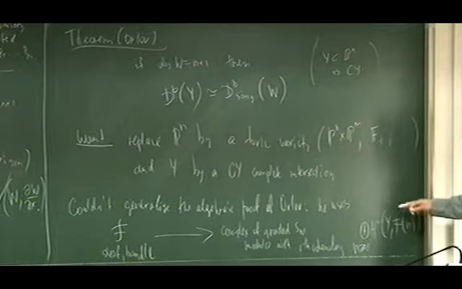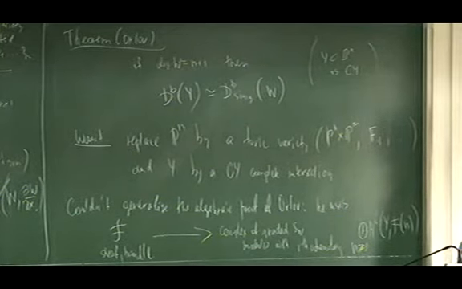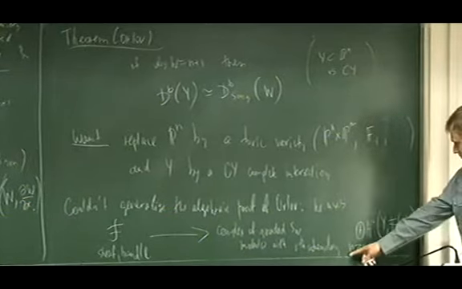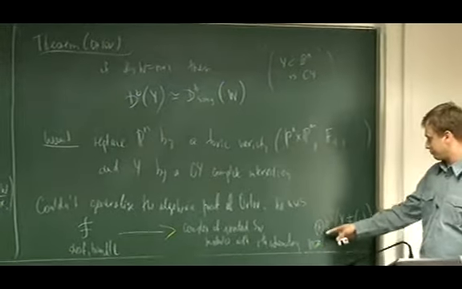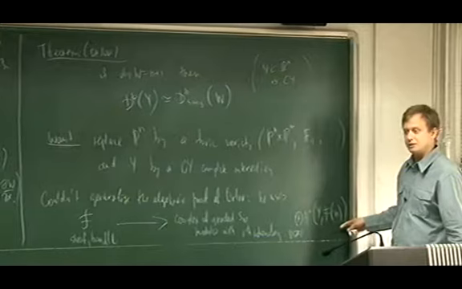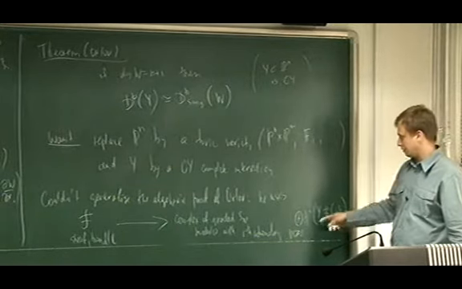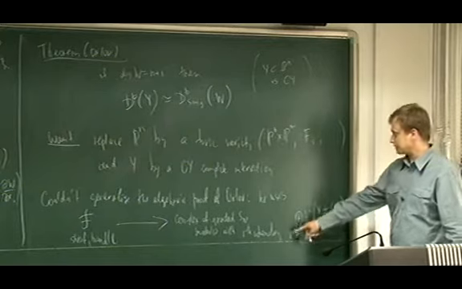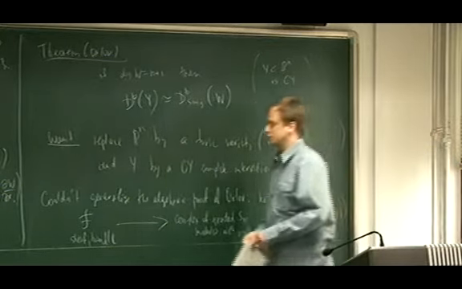For very negative n, you have non-trivial cohomology groups, and for positive n, they vanish by the vanishing theorem. So this restriction on n is a way of really making it finitely generated. Top dimensional cohomology, if you consider all twists over integers without this condition, wouldn't be finitely generated.